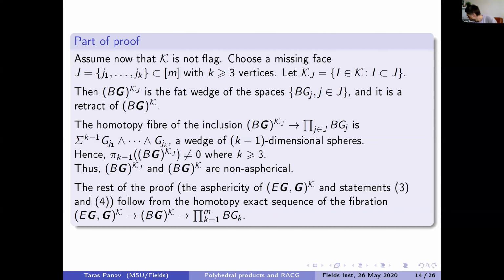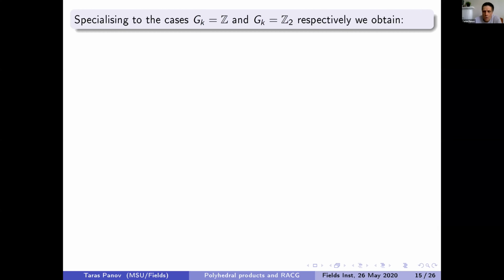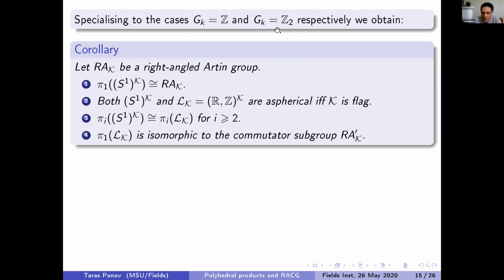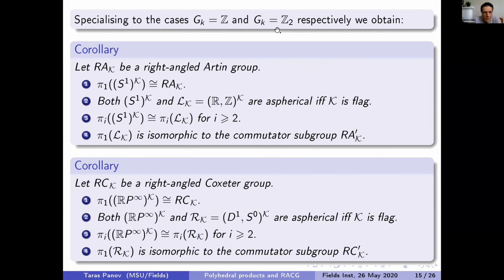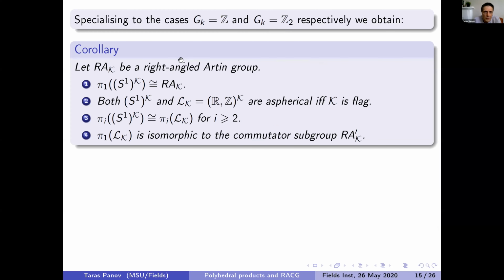Now, specializing to the most well-known cases of right-angled Artin groups and right-angled Coxeter groups, we get these two corollaries. This is the Salvetti complex, or Kim and Roush complex. Its fundamental group is a right-angled Artin group, and it is an aspherical space if and only if K is flag.